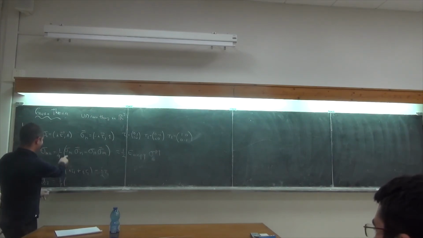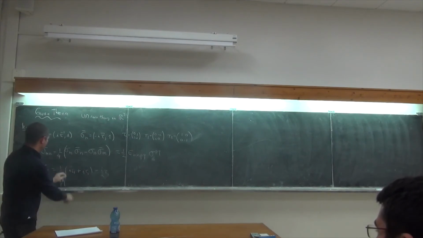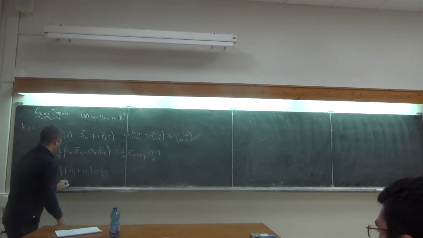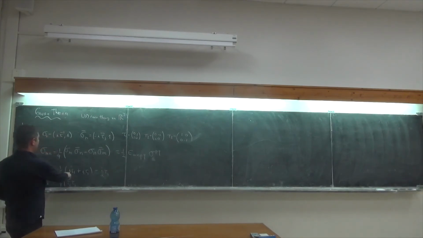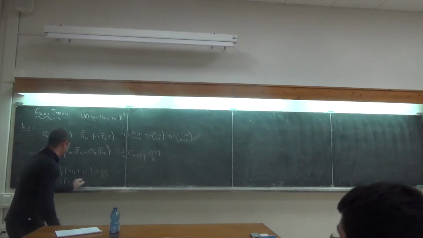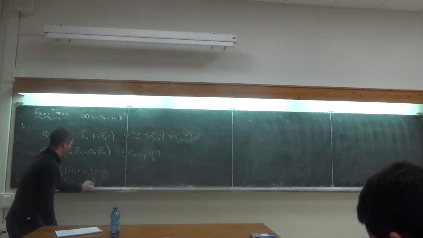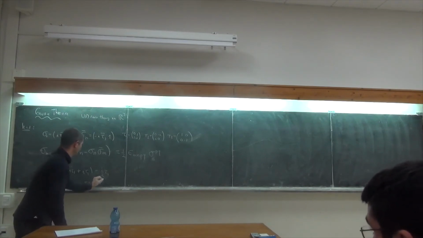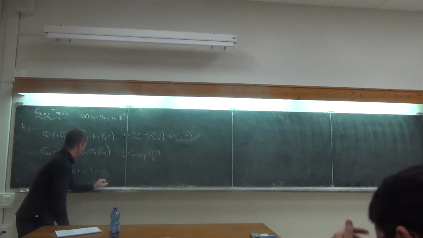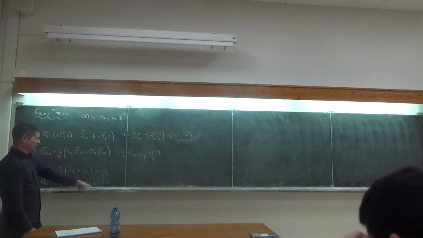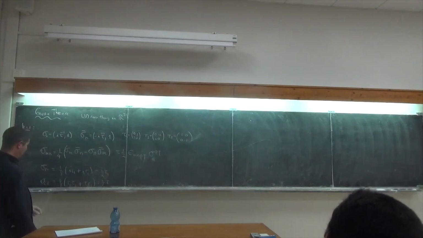Okay, 2 and 3: sigma 2 is tau 2 times tau 3, and I have I and minus I, which is plus 1, plus the other. You see that this again is tau 2 tau 3. So this is I over 2, and tau 2 times tau 3 is I tau 1.